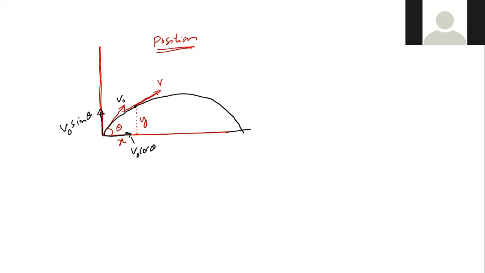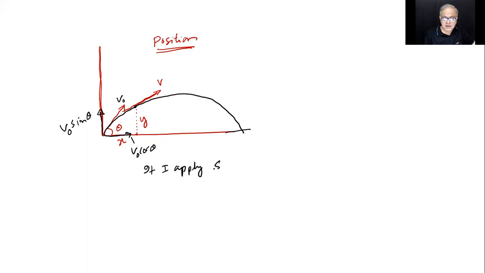V0 sin theta. Now, remember, if I apply S equals ut plus half at square in both the directions, x equals, what is the initial speed?